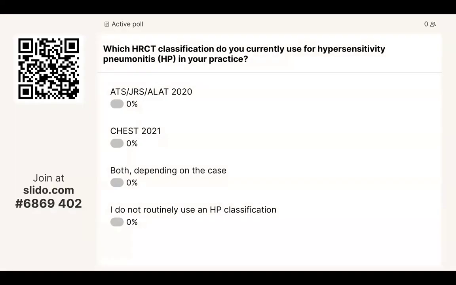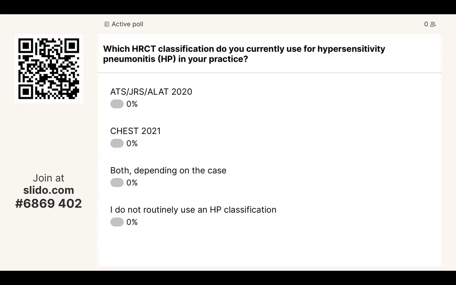So before we proceed, I just would like to ask you this question. I know we have here pulmonologists and radiologists, and the majority are consultants and specialists. I'd like to ask this question before proceeding.